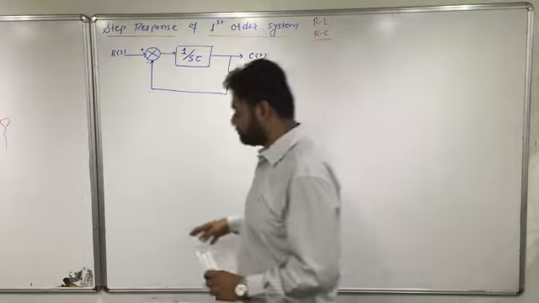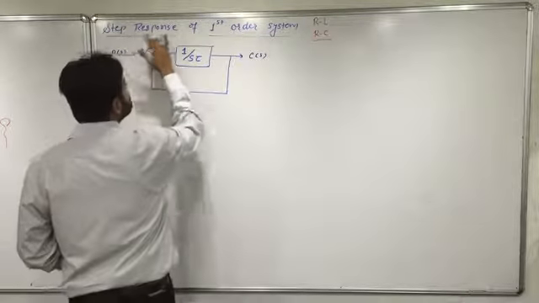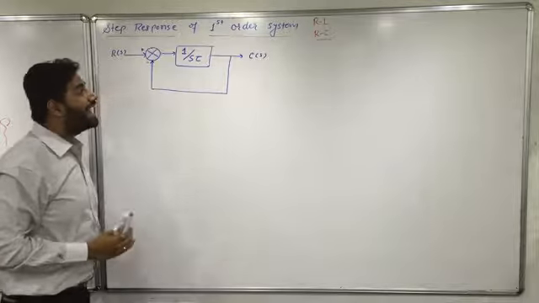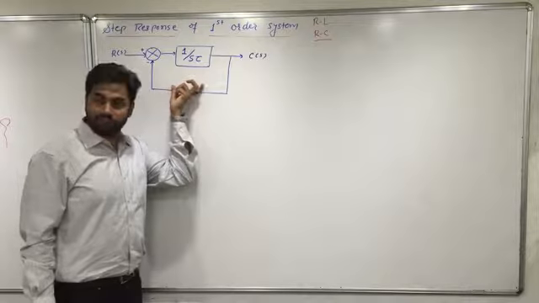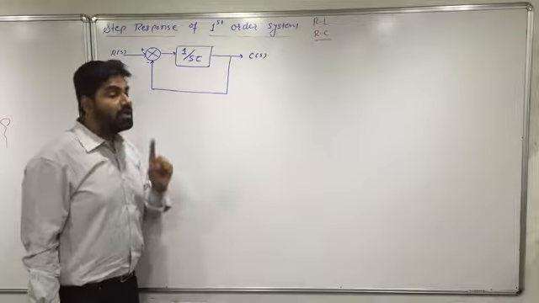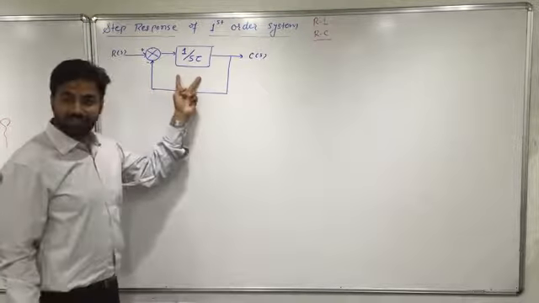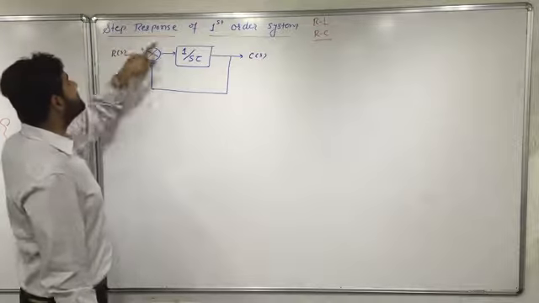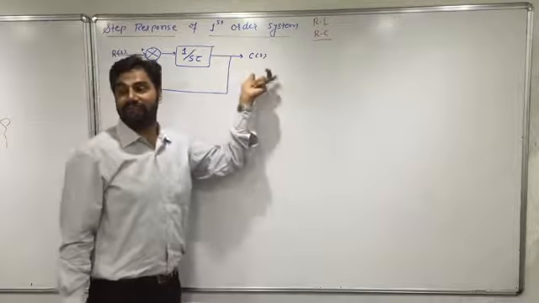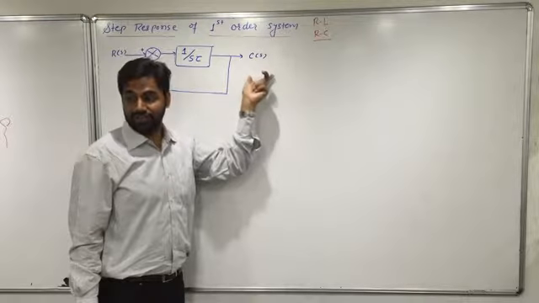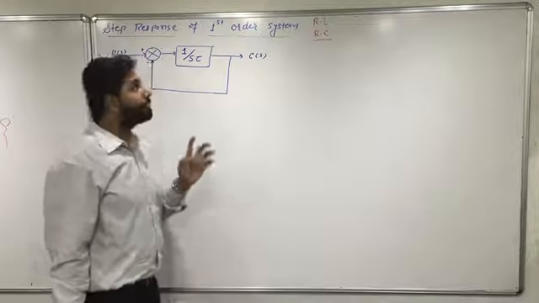So now again, the step response of a first order system. That means when a first order system is subjected to a step input, what is the response? Let us understand the question.